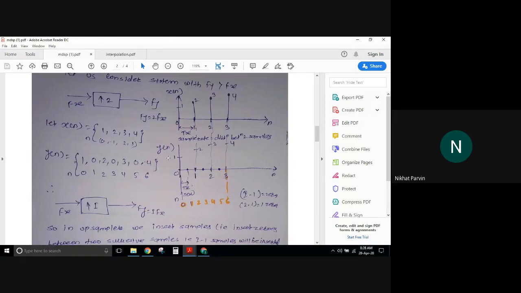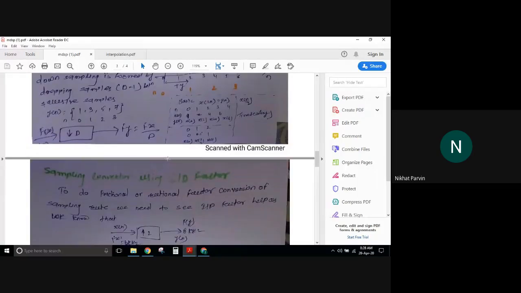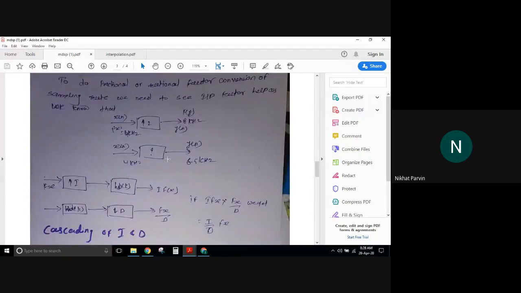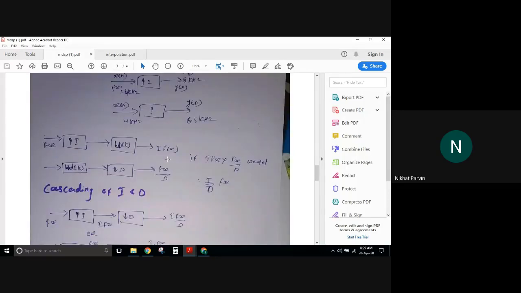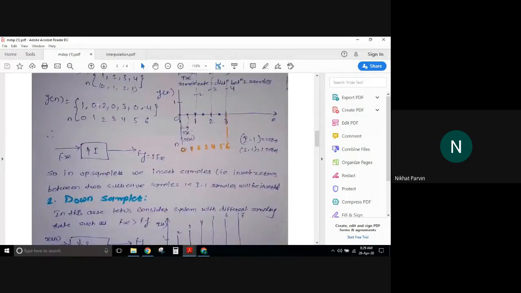That means when you are inserting the number of zeros in between, so as to reduce the sampling rate, the frequency spectrum or spectral characteristics will get compressed.